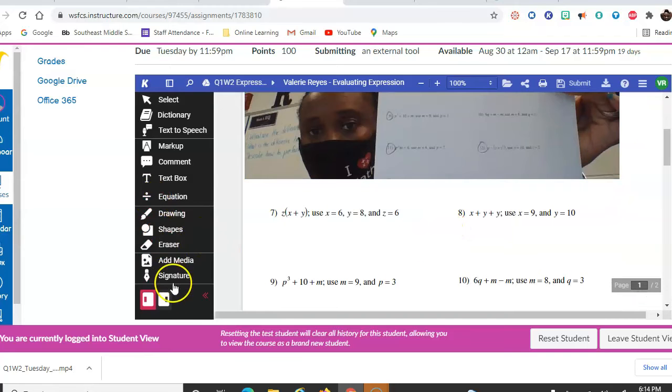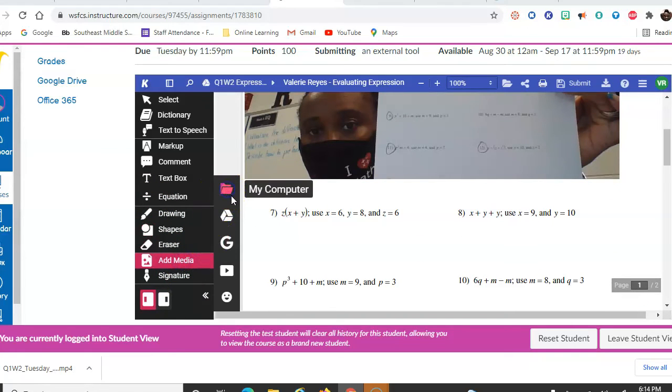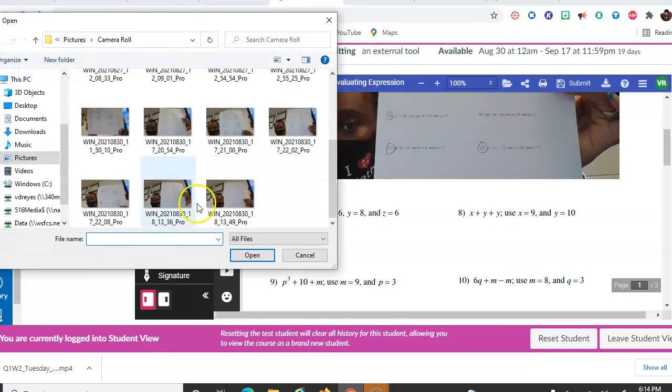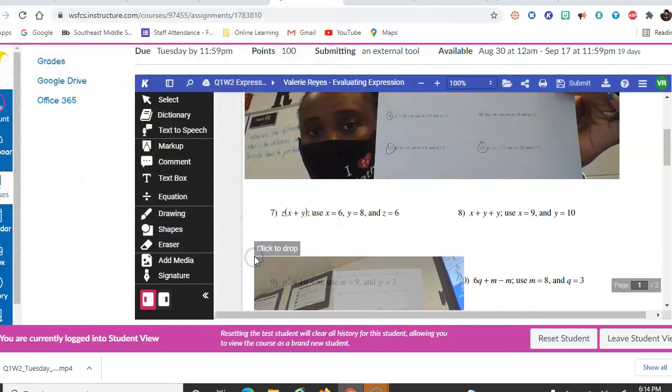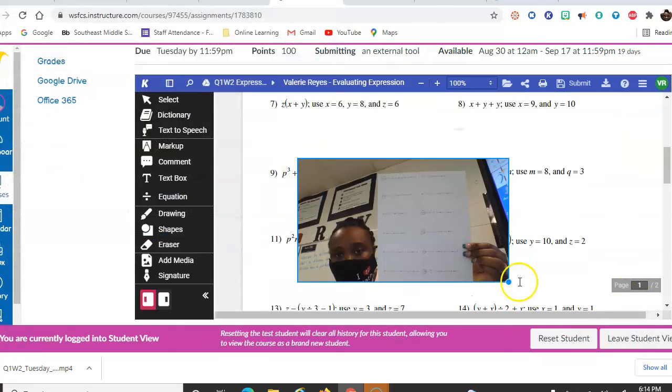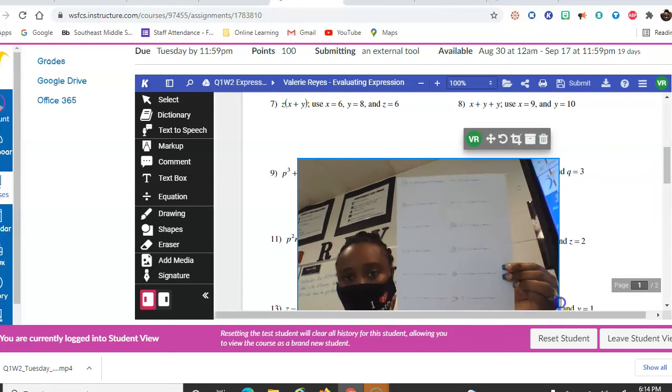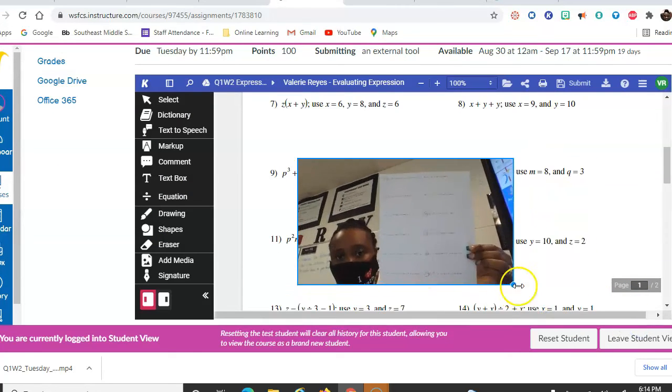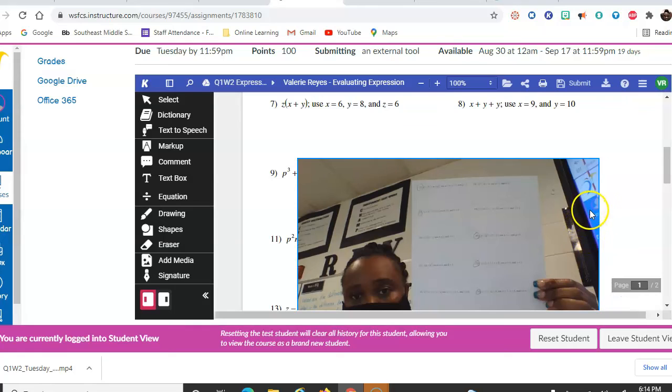And then upload here to get my other picture. I probably need to put that on the second page so I can make it bigger as well so I can see it. Make sure I can see it, make it as big as you can, and then submit right here. Then submit right there.